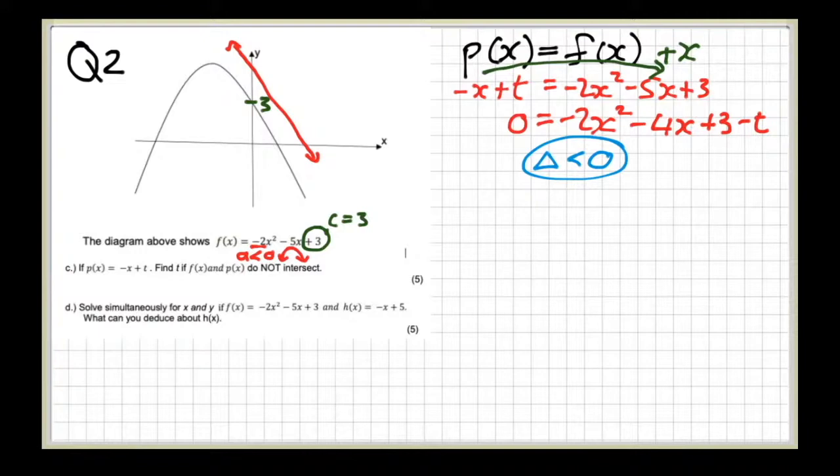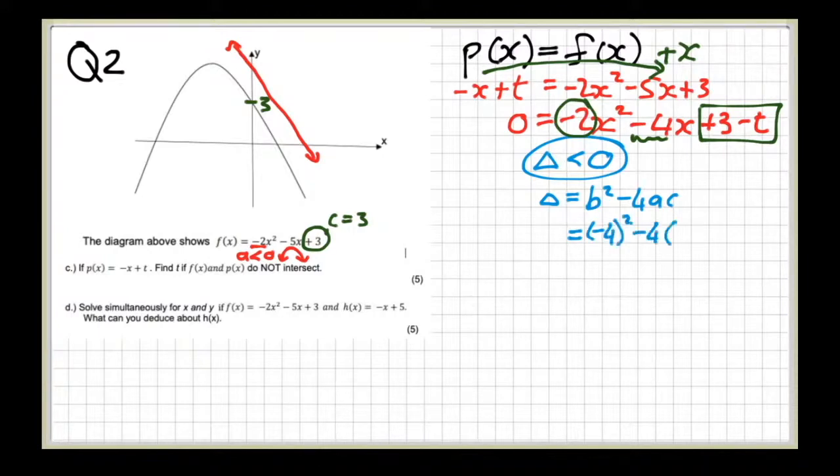Now I've got to remember that delta is equal to b squared minus 4ac. So in this specific equation, there is A, there is B, and there is C. If I substitute in, B is negative 4, so that's going to be negative 4 squared minus 4 times A, which is negative 2, times C, which is 3 minus t.